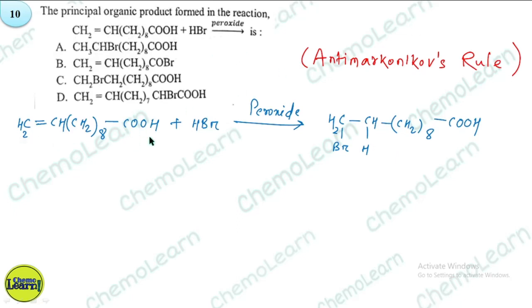So this is our reactant, and upon treating with HBr and peroxide, we can get this product. The negative part of the addendum, that is Br minus, will go to that carbon atom which contains more number of hydrogens, which is the anti-Markovnikov rule. So Br will attack this position.